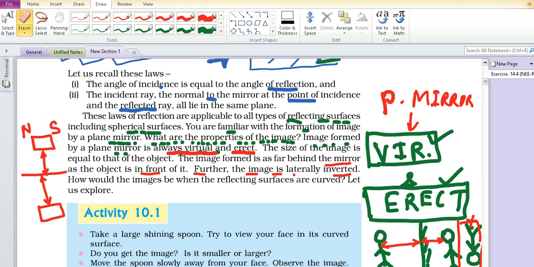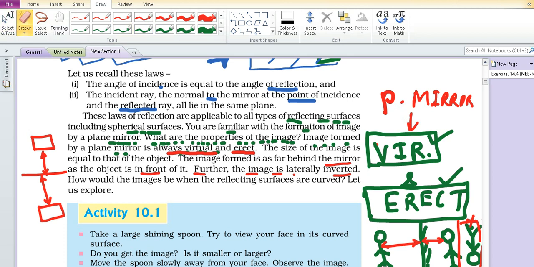That is laterally inverted. लेटरली इन्वर्टेड मतलब यदि मान लीजिए आपका लेफ्ट और राइट हैंड मिरर में देखें, तो आपका राइट हैंड इमेज में लेफ्ट हैंड बन जाता है, और जो आपका एक्चुअल लेफ्ट हैंड है उसका इमेज राइट हैंड मालूम होता है. ठीक है, यह एक्सपेरिमेंट आप खुद भी करके देख सकते हैं.